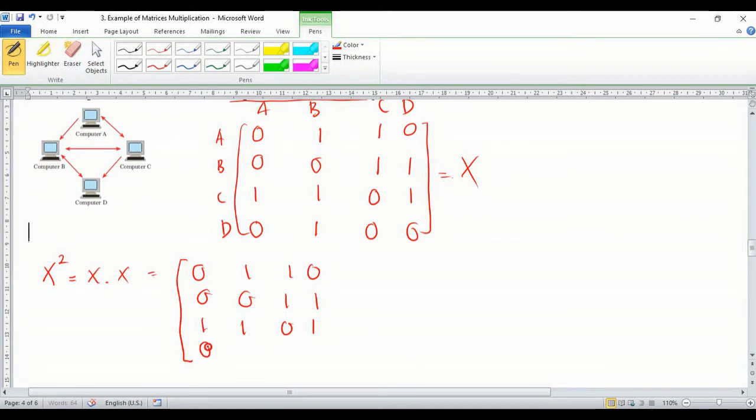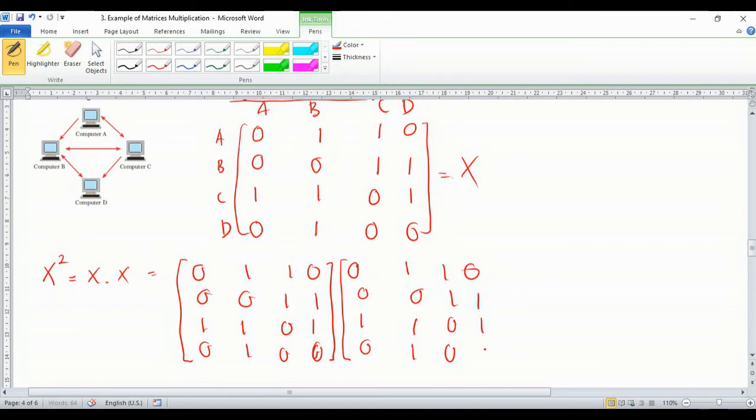You need to multiply them with the same matrix because they're talking about the same computer, through one computer. 0, 1, 1, 0, 0, 0, 1, 1, 1, 1, 0, 1, 1, 0, 0, 1, 0, 0.